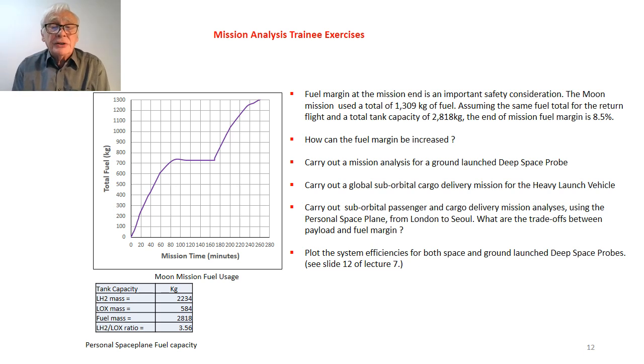Another mission that would be worth doing is to do an analysis of global suborbital cargo deliveries, particularly for the heavy launch vehicle. In other words, how can you transfer 65 tons from one place on the Earth to another place, perhaps up to a full global range? So you want to fly this payload halfway around the world.